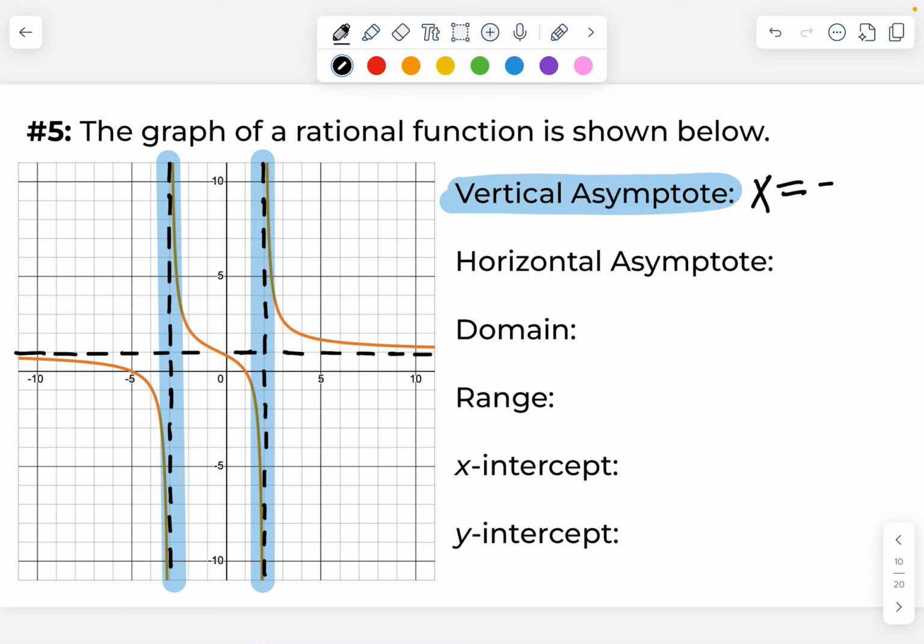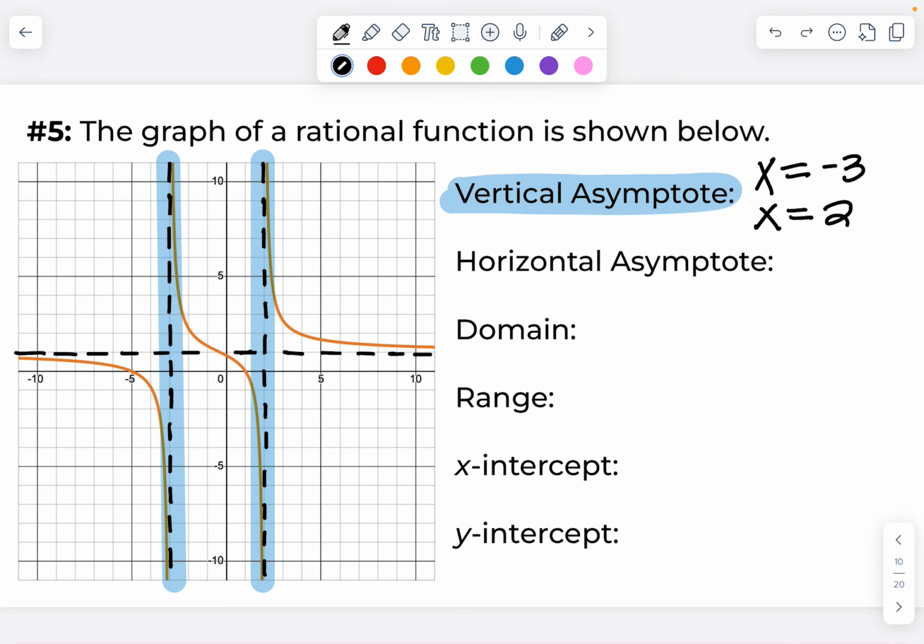So I can write x equals -3, and you could write this as 2 different lines. You could also write x equals -3, comma 2. Up to you if you want to write it as one or as 2 separate things. Those are my vertical asymptotes.